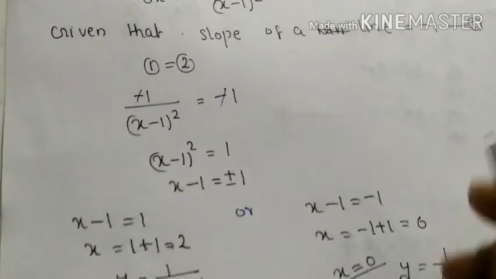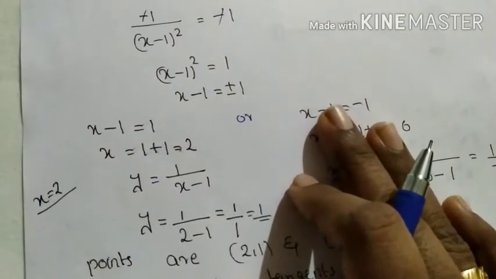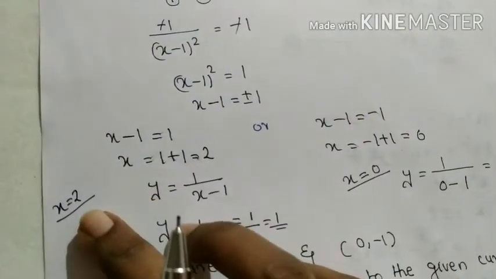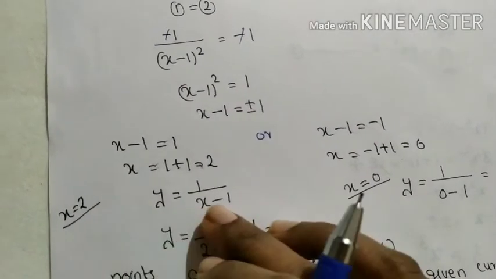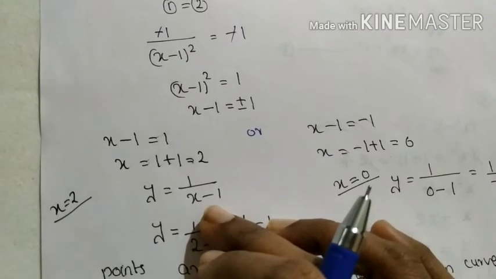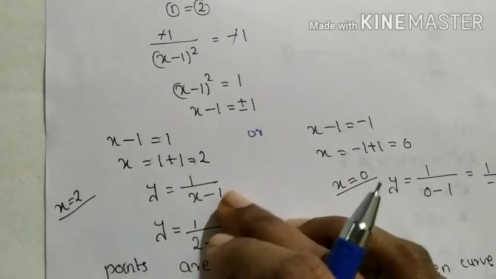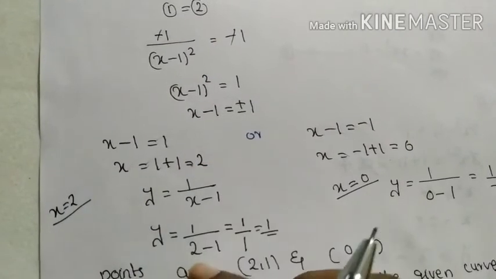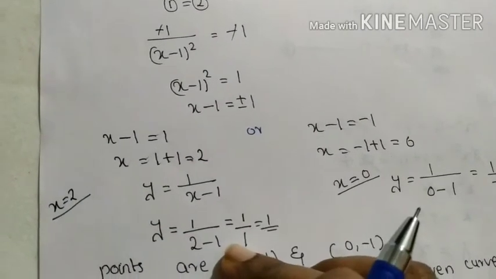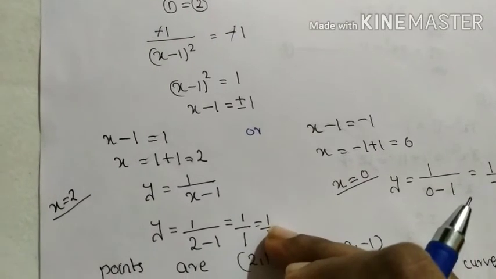Next I am going to find the points. First I am going to put x equal to 2. Our curve equation is y equal to 1 divided by x minus 1. Substituting x equal to 2, we get y equal to 1 divided by 2 minus 1. 2 minus 1 is 1, so 1 by 1 equal to 1.